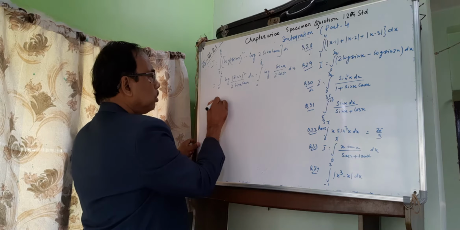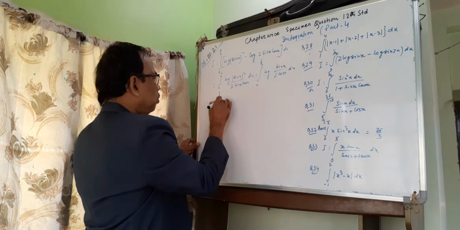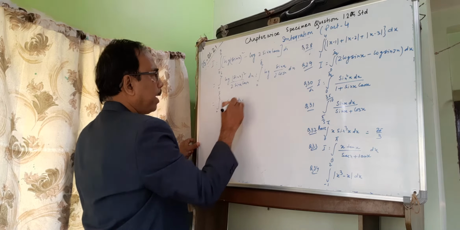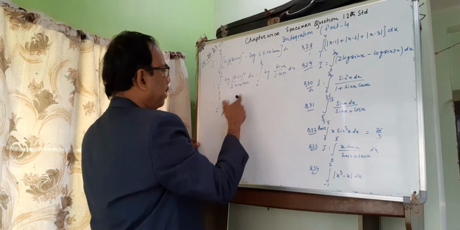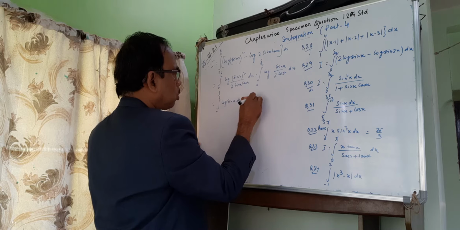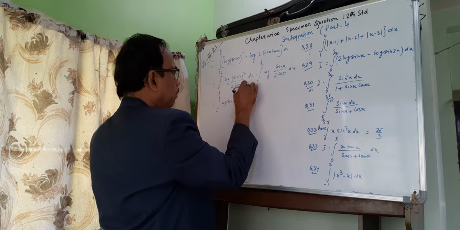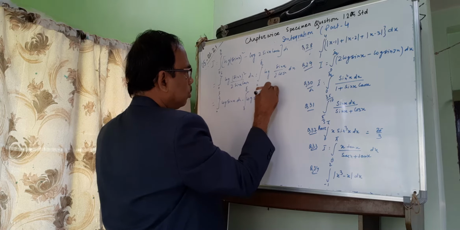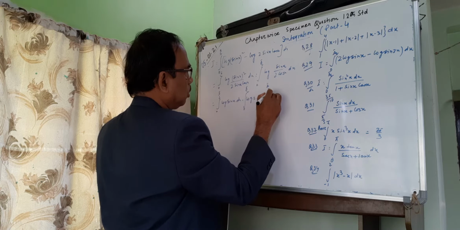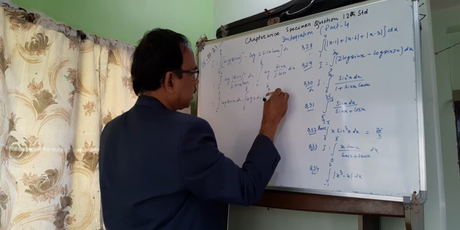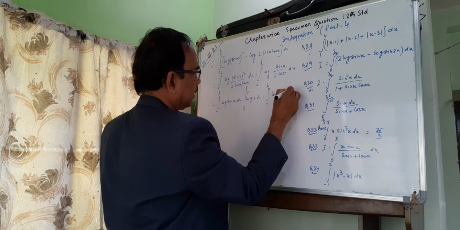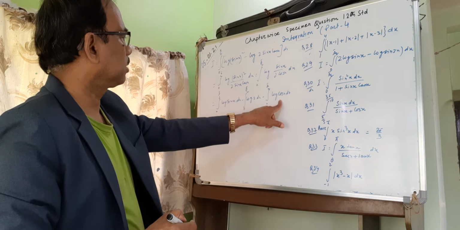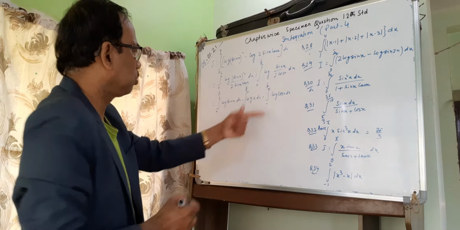That equals 0 to pi by 2 log of sine x dx minus log a by b, log a minus log b, that is log 2, 0 to pi by 2 dx minus 0 to pi by 2 log of cos x dx. Log a by b is log a minus log b, so this plus will be minus.